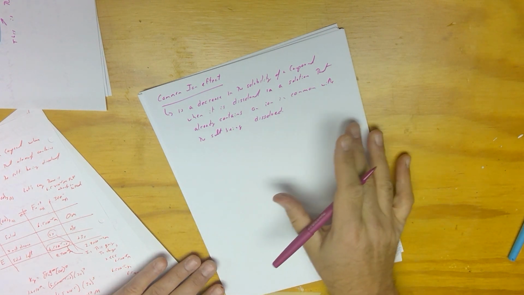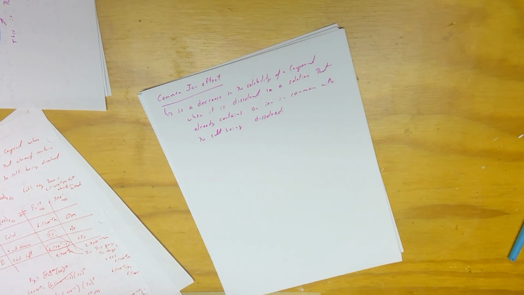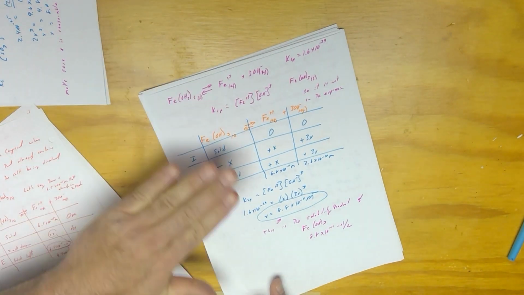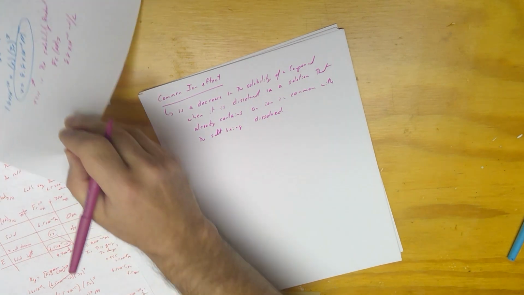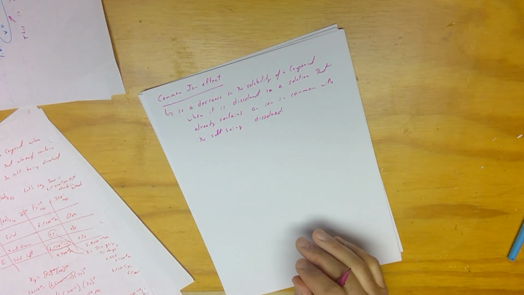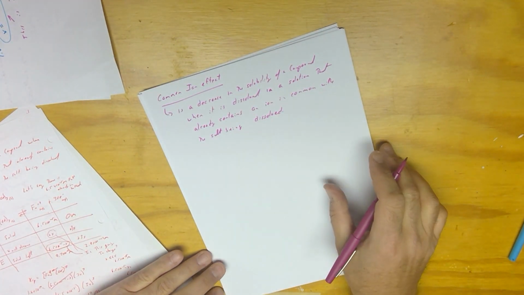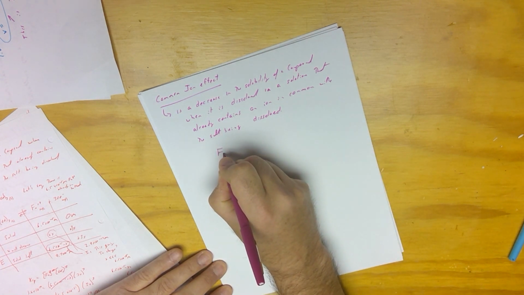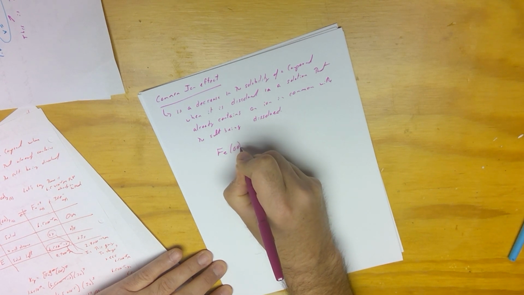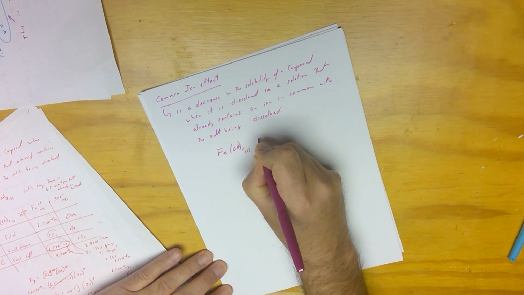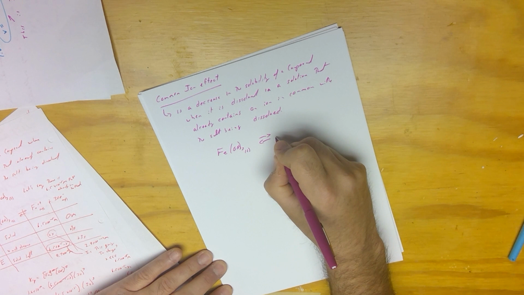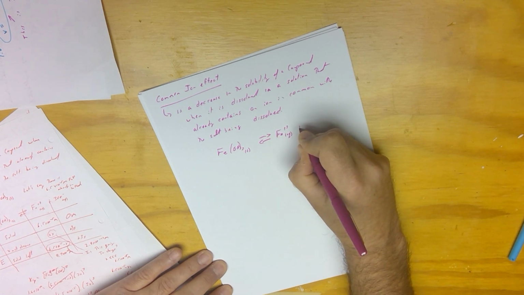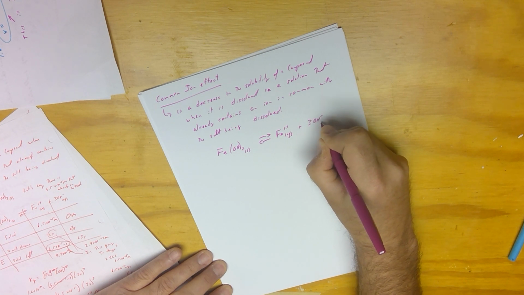To show you this, we're going to go back and work with what we just did with iron hydroxide. We're going to be working with Fe(OH)3 solid in equilibrium with Fe3+ aqueous plus 3 OH- aqueous.